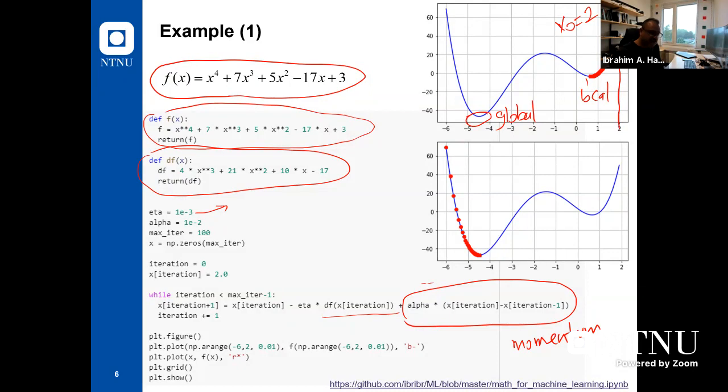We multiply the gradient by negative because it's minus eta multiplied by the gradient. So we will move against the gradient until we reach this point. When we are here, we will stop. Why will we stop here? Because the gradient here becomes 0, in fact. So delta x here will be 0 at that point. So we will be stuck here.